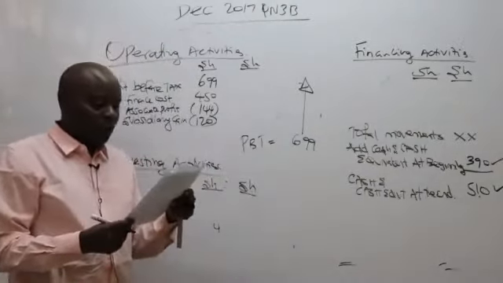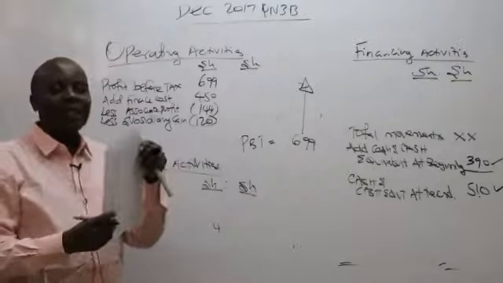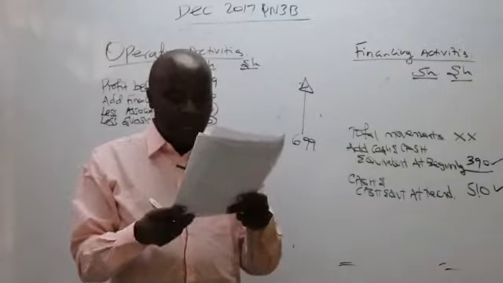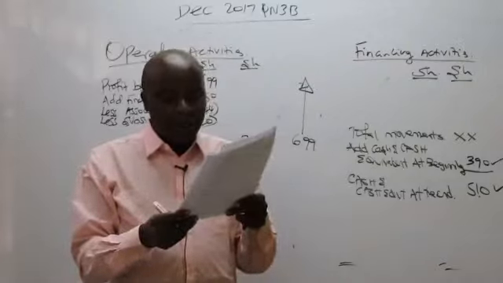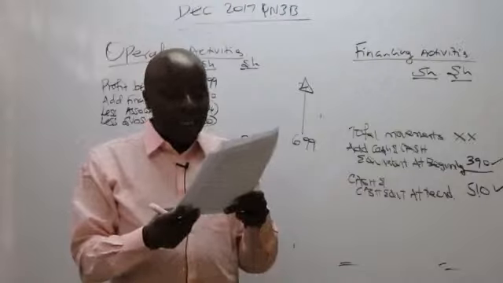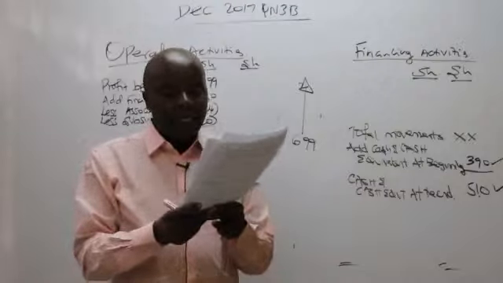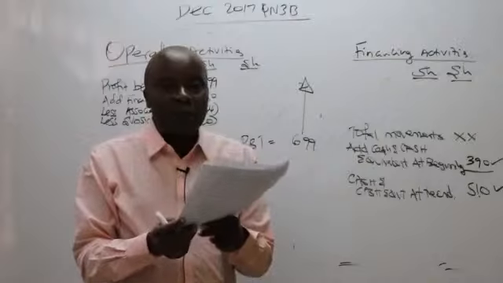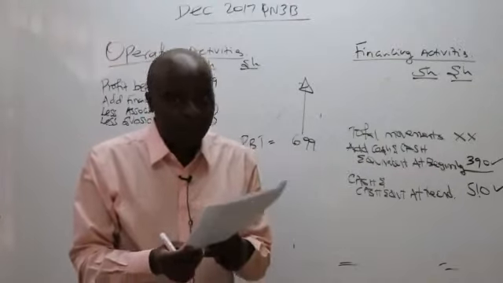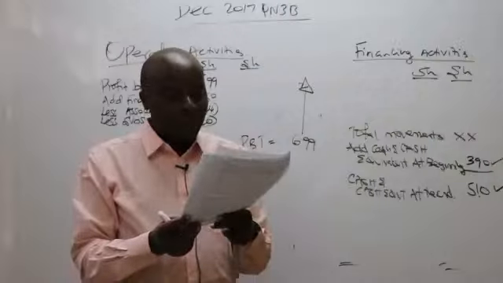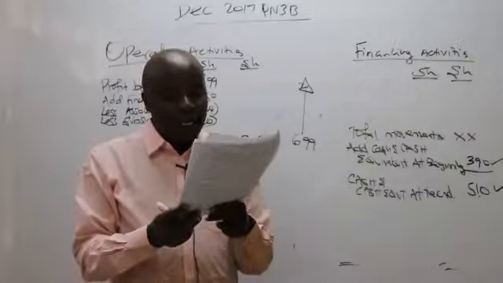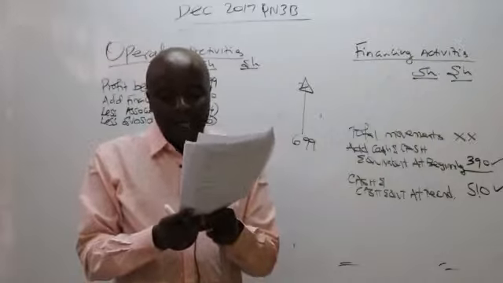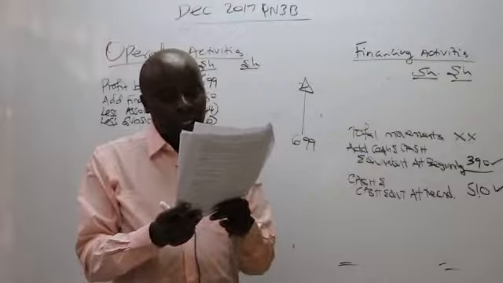Great, so we are progressing well. Looking also at the cost of sales, of course, there will be depreciation. Look at note number 1: during the year ended 31st October 2017, depreciation of shillings 240 million was charged in relation to property, plant and equipment. Now note number 2: an item of property with a carrying value of 885 million was disposed of during the year ended 31st October 2017 for shillings 750 million.